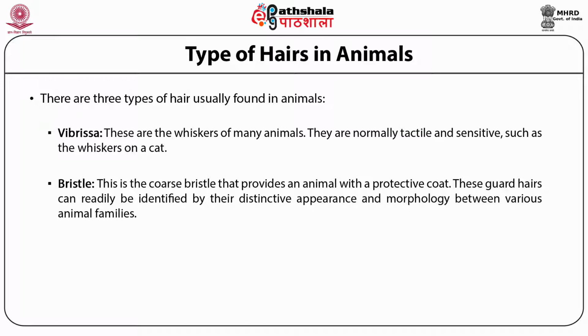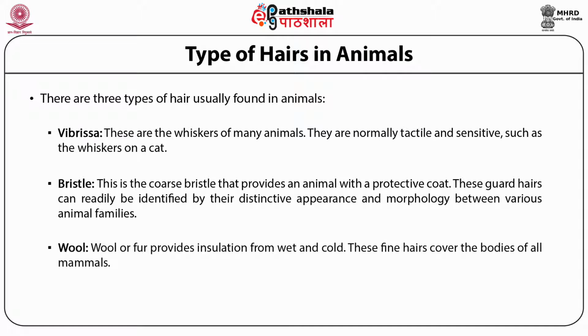The third type of hair, which is usually found in animals, is wool. Wool or fur provides insulation from the wet and cold environment. These fine hairs cover the bodies of all mammals.